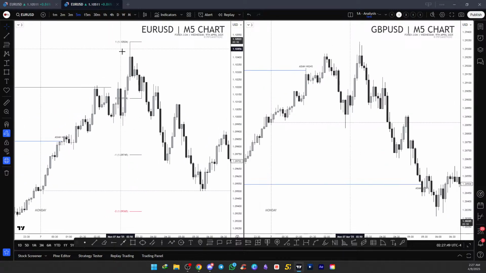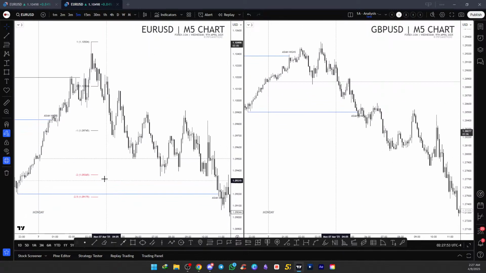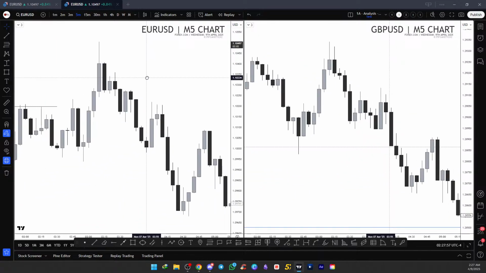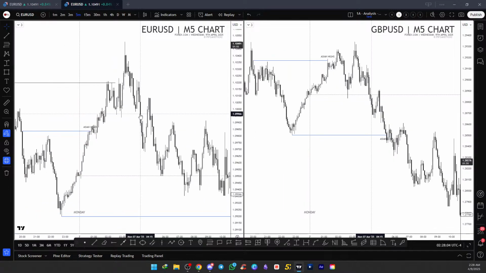See, here it was a mitigation block reversal instead of a breaker reversal. So this is not always high probability. A breaker reversal is a high probability one, but a mitigation block reversal is not a high probability one.